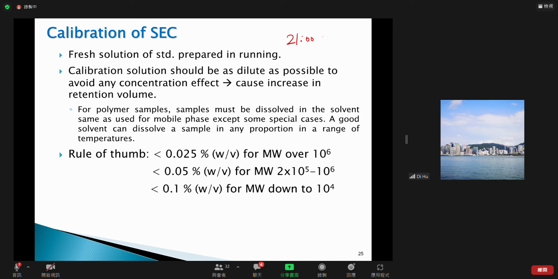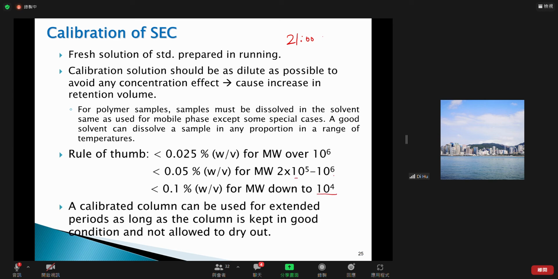And the rule of thumb to prepare the solution, you can see for different size ranges: for the smaller size, medium size, or very large size, basically, the larger the size, you want to make it even more diluted. Now if we just give it, say, 1 gram per milliliter, we know that for an organic solvent, it's not really 1 gram, but smaller than that.